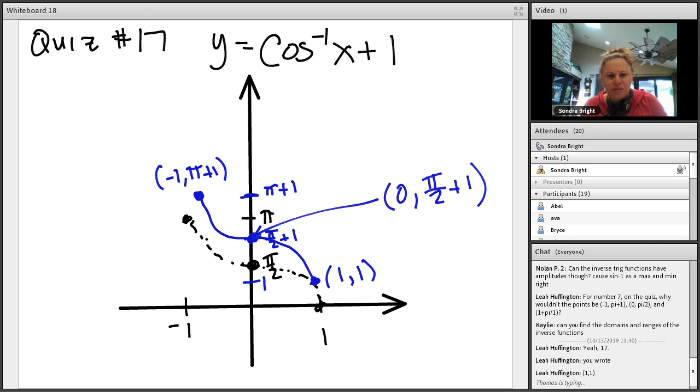Oh, the very last one is the one you've got a problem with. Okay, so I wrote -1 comma pi plus 1. Yep. 0 comma pi over 2.